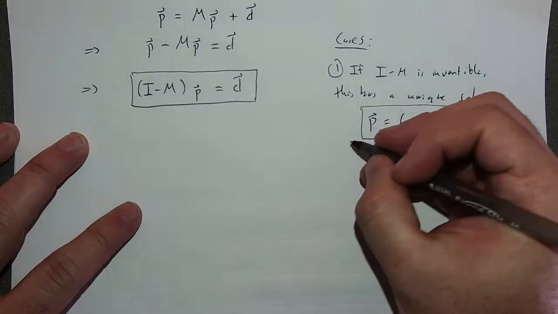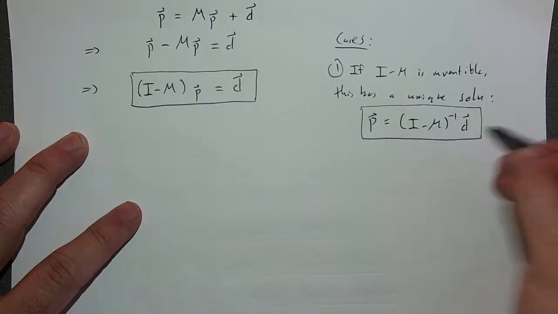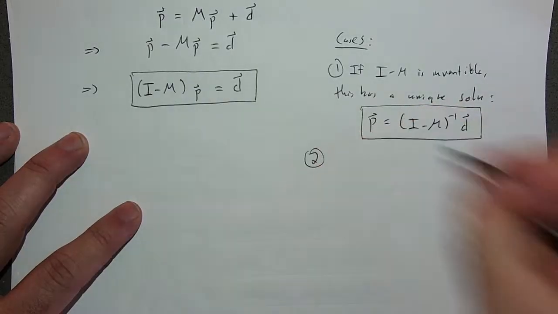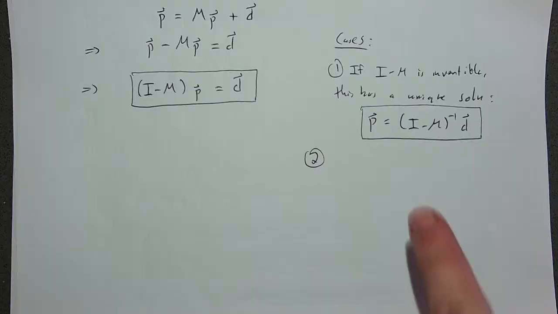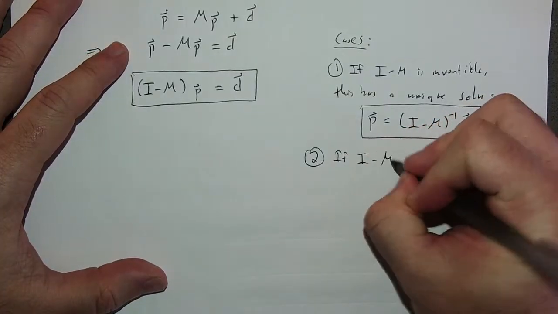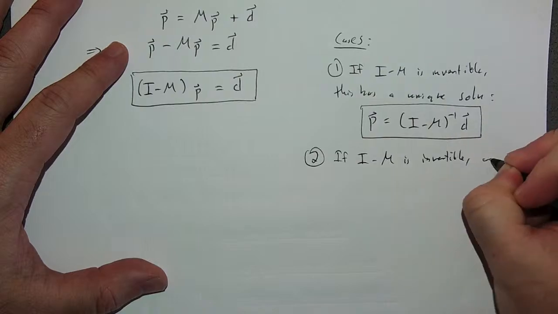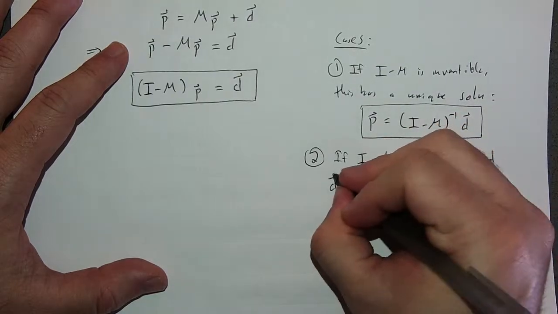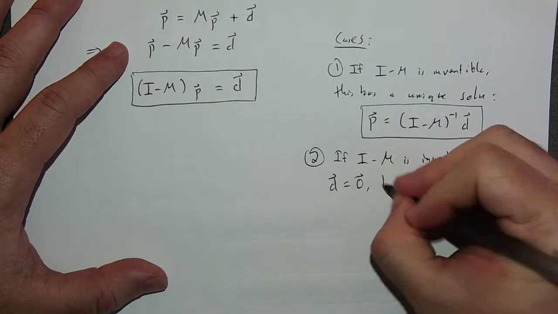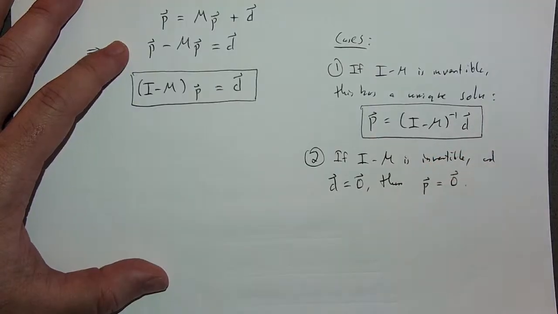Okay, now you might say, well, what if I'm in the case of a closed economy? Not only is it in this same case where I minus M is invertible, it still has a unique solution, but its unique solution is just the zero vector, right? If I minus M is invertible and D is the zero vector, then our solution is also the zero vector.